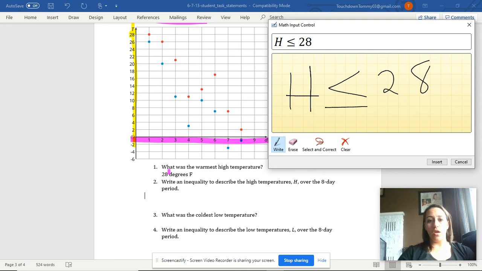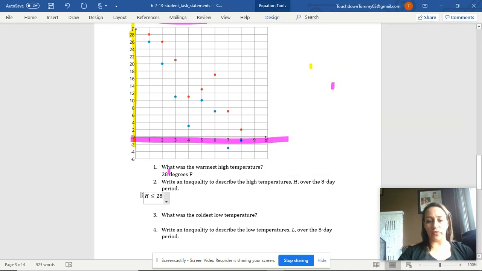That's going to be our first inequality that goes with that. However, I'm going to go ahead and insert that, and I'm going to make one more inequality as well, because while it is less than or equal to 28, we don't have any high temperatures down here in the negative.